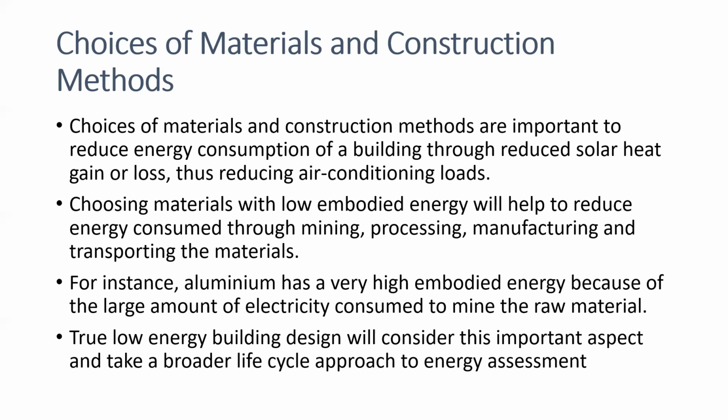Whatever heat loss or heat gain through the building construction, or consumption of energy through solar, will affect the air conditioning loads in the building as well. Choosing materials with low embodied energy will help you reduce the energy consumed through mining, processing and manufacturing, as well as transporting of materials.